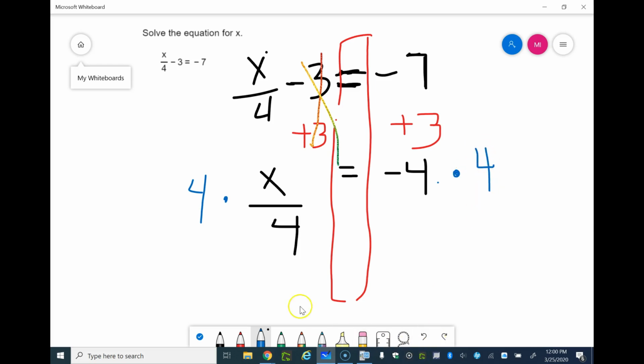So put my little dot for multiplication. That way, this one cancels out with this one. And then the only thing left over on this side of the wall is just my x. Remember, that's us. We want to be alone. Over here, -4 times a 4, that gives us a negative 16.